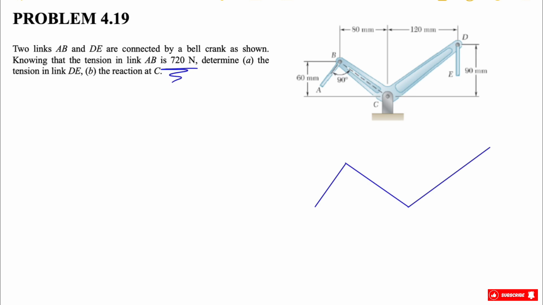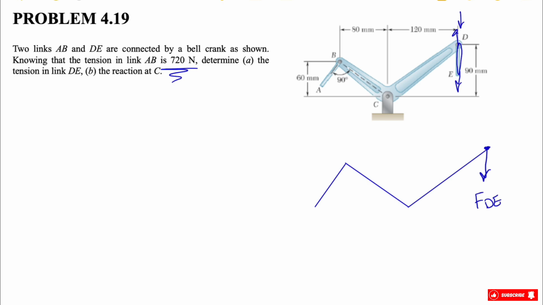So as always, we're going to start with the free body diagram, and let's start with DE since it says it's in tension. So this link will be in tension, which means the force at point D has to be in the opposite direction. Let's call this FDE. Based on Newton's law, the force applied at point D has to be opposite of the member, so that's why it's downward.